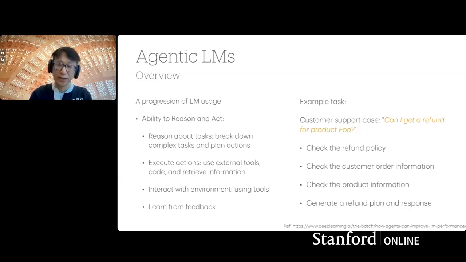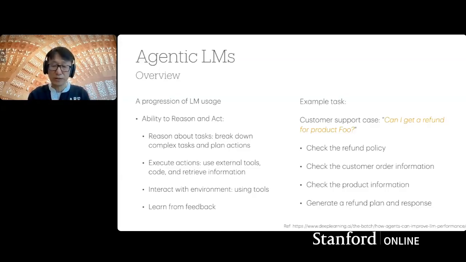And then using that, it also requests customer order information. It could either ask the customer back in a chat format to collect more information, or look it up in the system, depending on how this chat system is prepared.